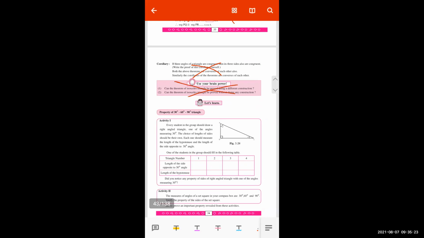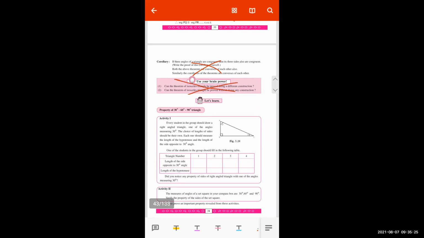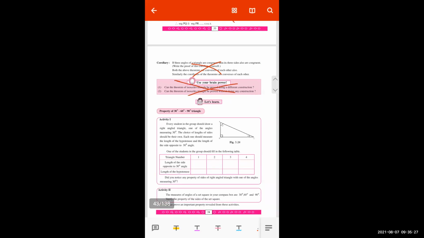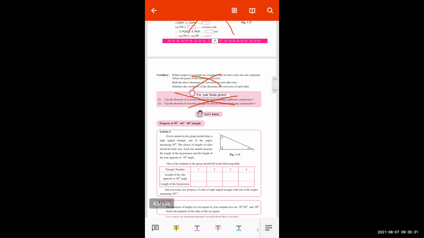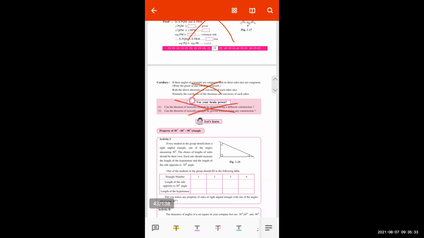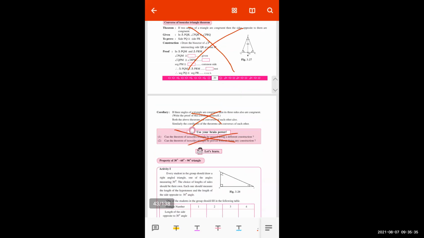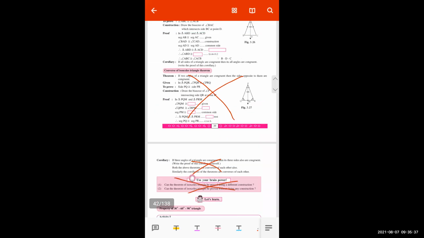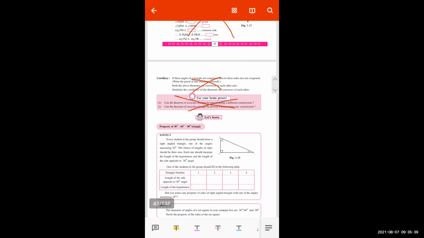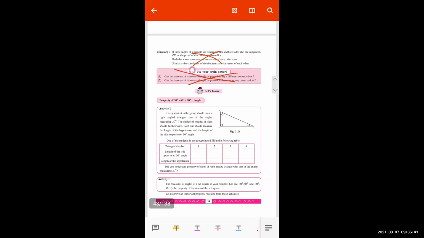We just learned it. On page number 34, this corollary part and the use your brain power get reduced, and the rest of the page content you have to learn.